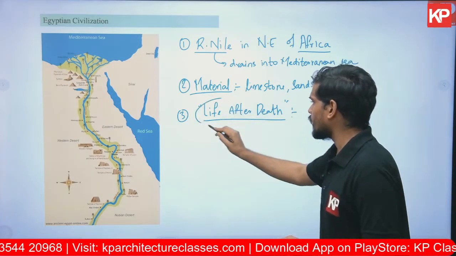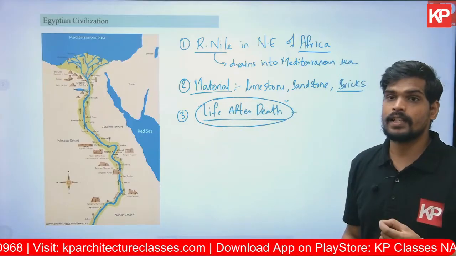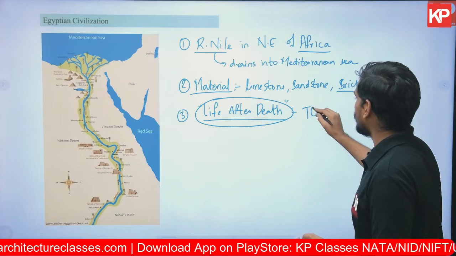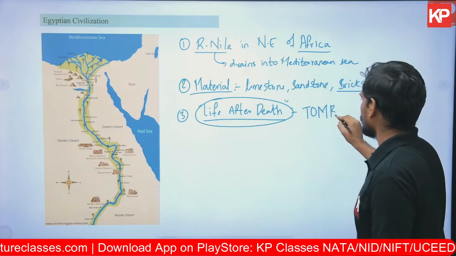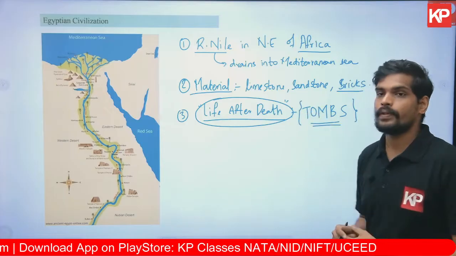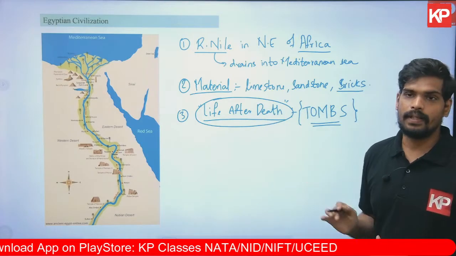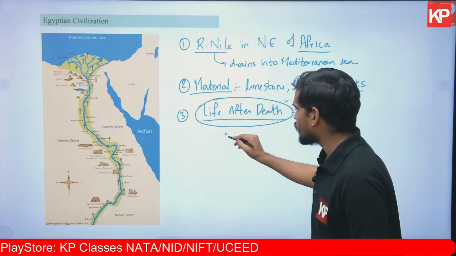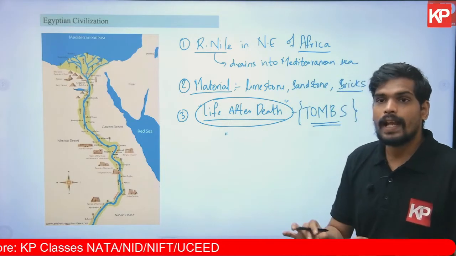Because of their belief in the concept of life after death, they used to construct elaborate tomb structures. So the architecture of ancient Egypt is dominated by tombs. Why were tombs important? Because of the belief in life after death.